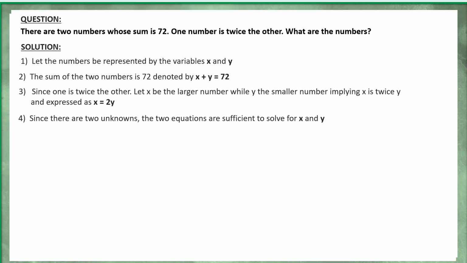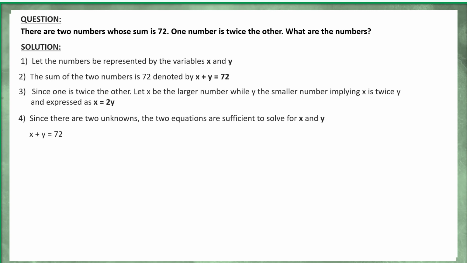Usually with two unknowns there are two equations, with three unknowns, three equations. In this particular question, there are two equations and two unknowns, so they are sufficient for us to solve the problem.